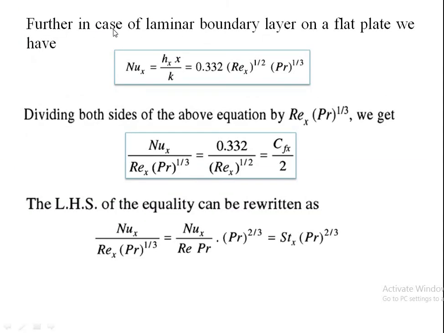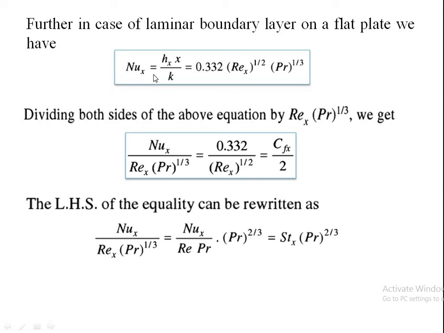Further, in case of a laminar boundary layer on a flat plate, the local Nusselt number is equal to the local heat transfer coefficient h suffix x multiplied by the desired location distance from the leading edge, that is x, divided by thermal conductivity. And we know the relation with the Reynolds number and Prandtl number for laminar flow.